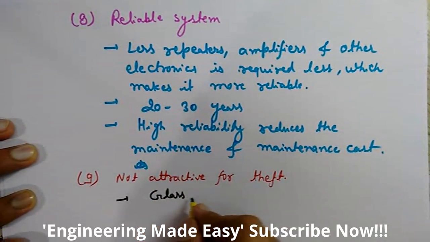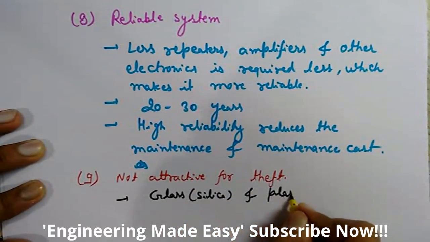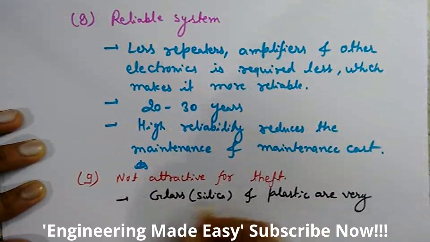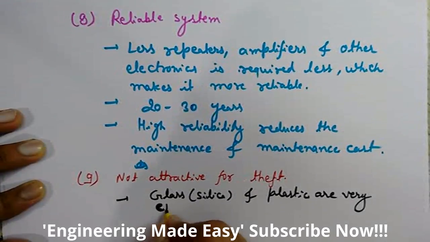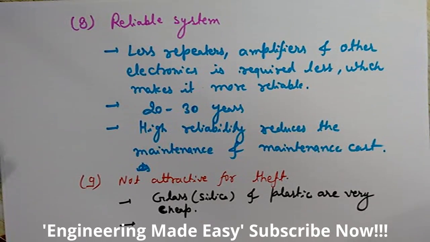Glass, silica and plastic are very cheap and are found in abundance in nature. If we compare this to metallic wires made of copper, then it is really very less expensive.